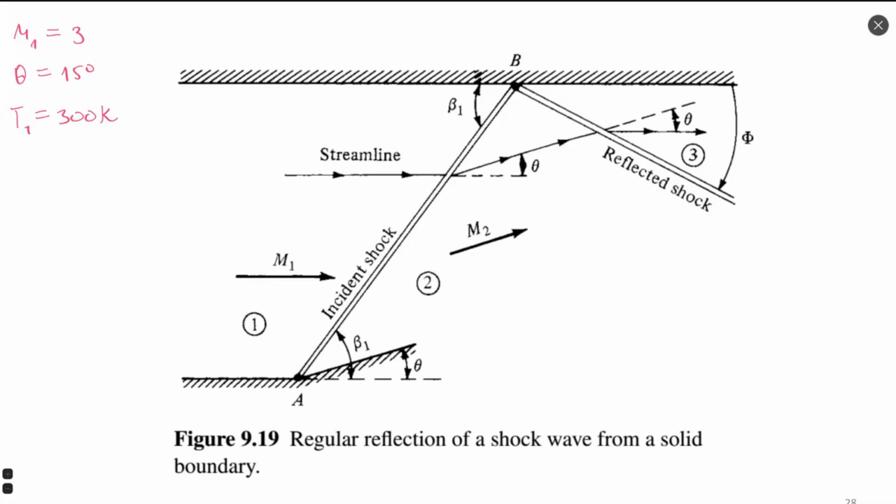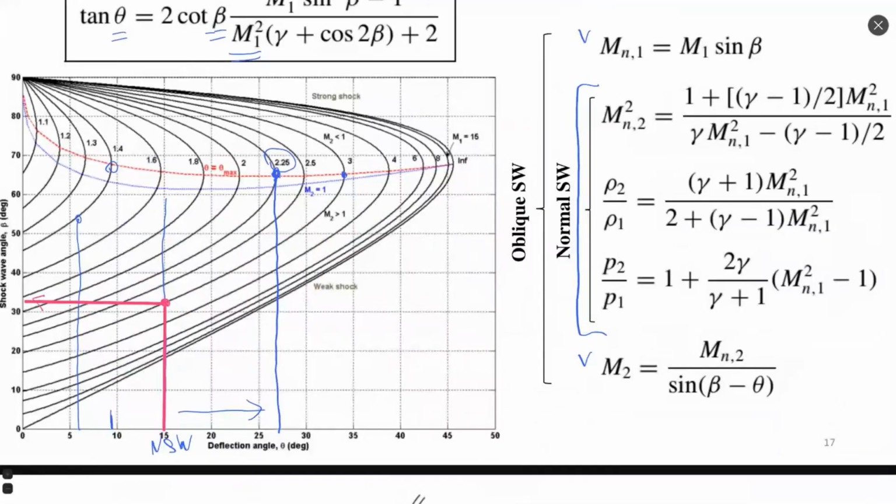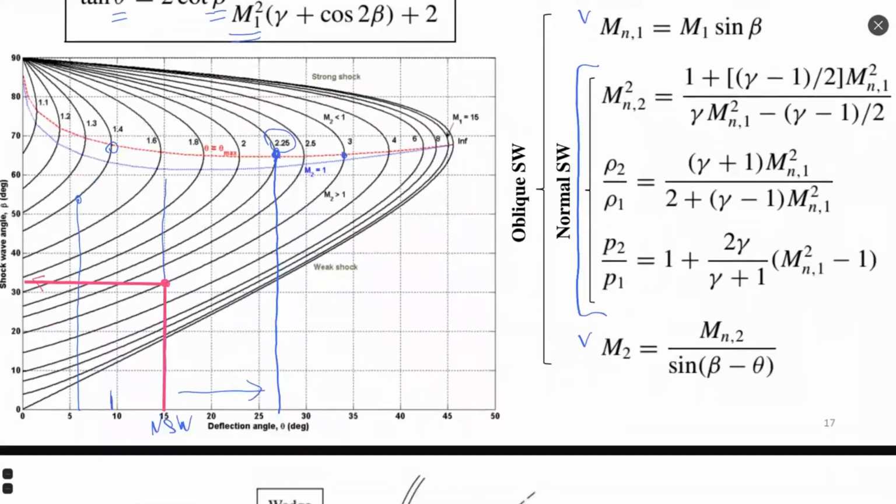Let's calculate. First, as always, I will see beta 1. According to the theta-beta-M diagram, beta 1, let's go back. It's very nice because we can always go back and see our previous slides. It's perfect. So I see my Mach 3 and 15 degrees, right?